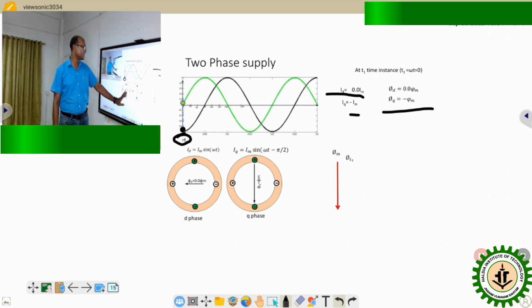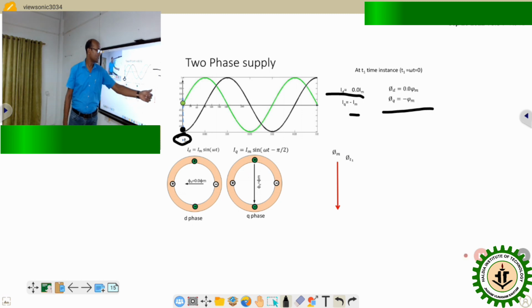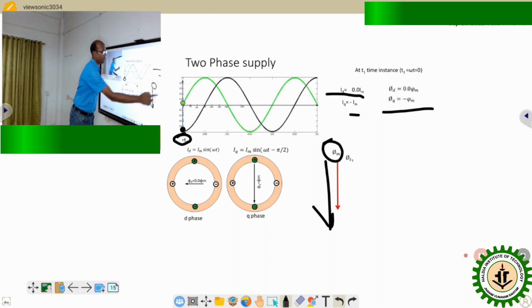Because of that, again using the right hand thumb rule, the direction of the resultant flux will be in the downward direction, and for that instant we get a flux phi t1, in the downward direction, and the magnitude is phi m, which is contributed by the q axis current.